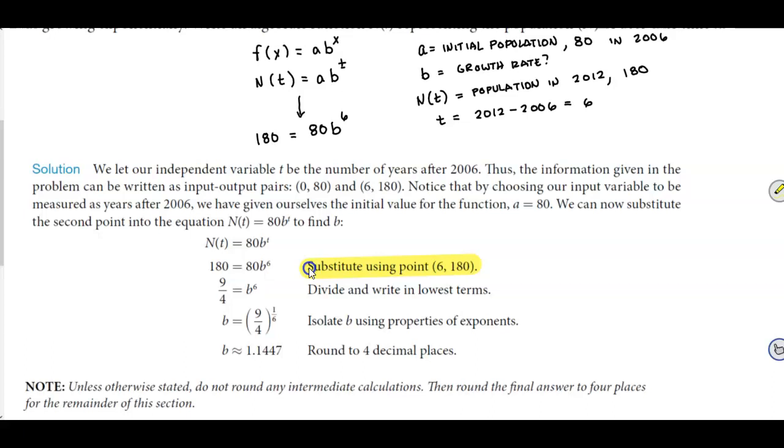Then what we're going to do is divide both sides by 80 and reduce the fraction. Dividing both sides by 80 and reducing the fraction, we end up getting 9 over 4, which is equal to b to the 6th power. Then we're going to isolate b using properties of exponents.